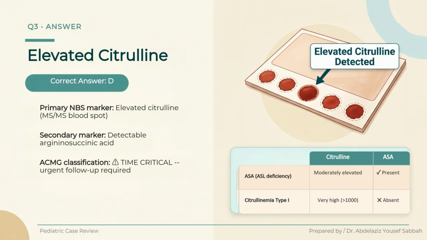Under the American College of Medical Genetics classification, this result is considered time-critical, meaning urgent follow-up testing and clinical evaluation are required. A useful distinction. In argininosuccinic aciduria, citrulline is moderately elevated, whereas in citrullinemia type 1, citrulline is very high, often above 1,000.